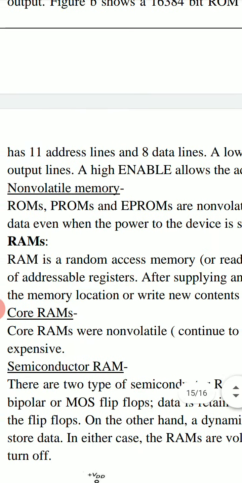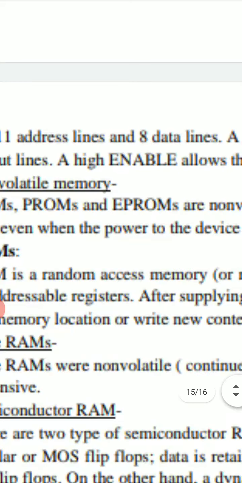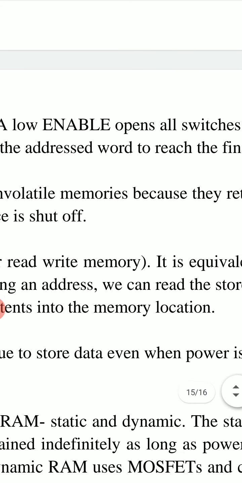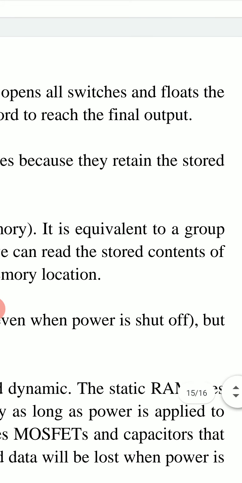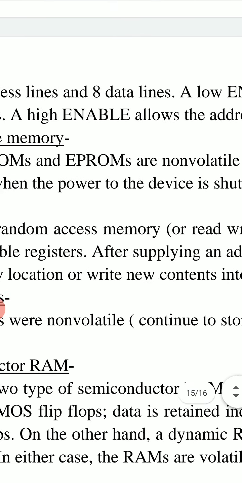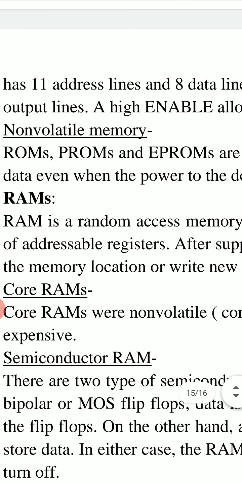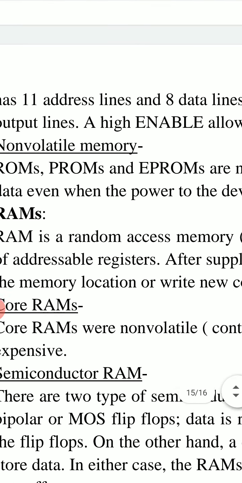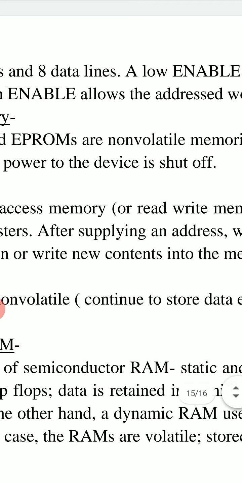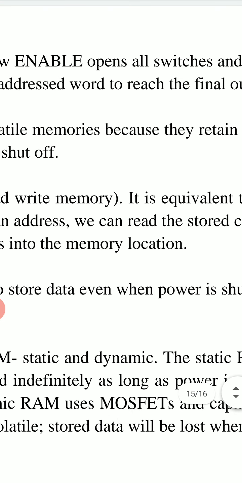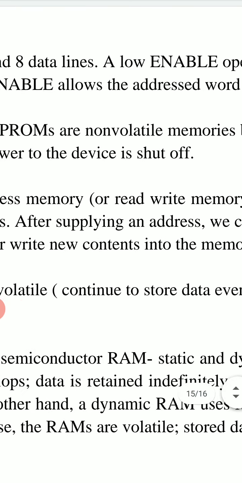It has 11 address lines and 8 data lines. A low enable opens all switches and floats the output lines. If enable is low, output lines are floating. A high enable allows the addressed word to reach the final output.